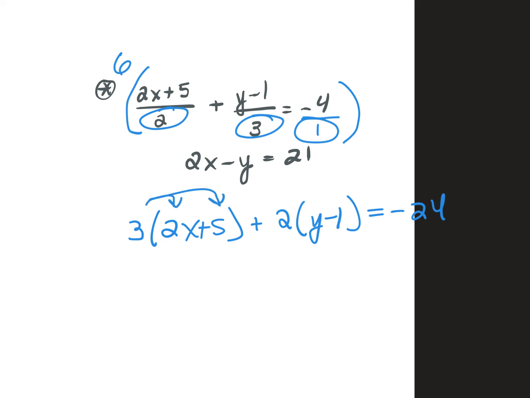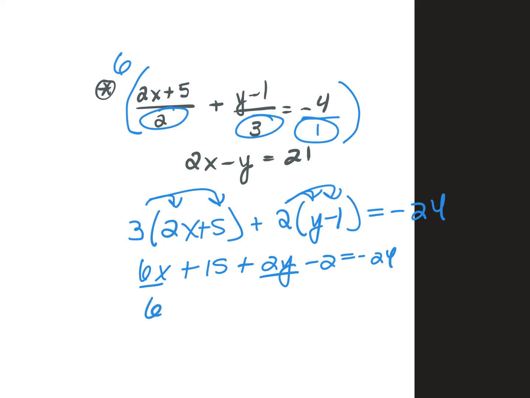So now I'm just going to clean this equation up, and then I will have my system of equations to work with. So 3 times 2 is 6x, 3 times 5 is 15, plus 2 times y is 2y, 2 times negative 1 is negative 2, and then I have my negative 24 equals negative 24.